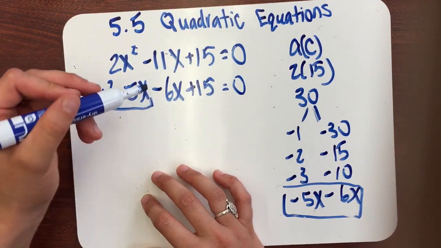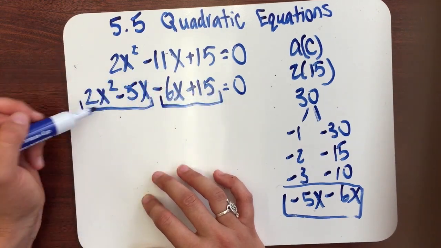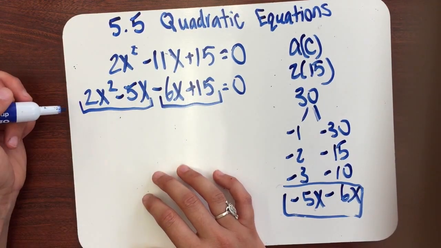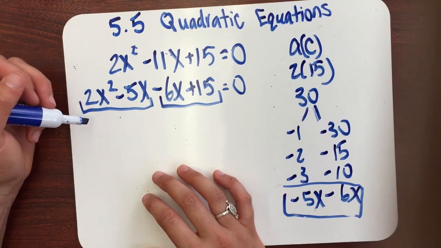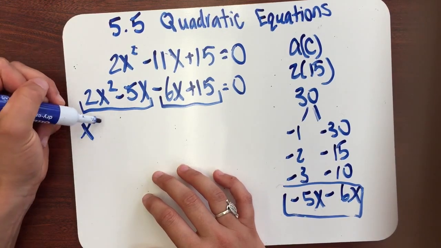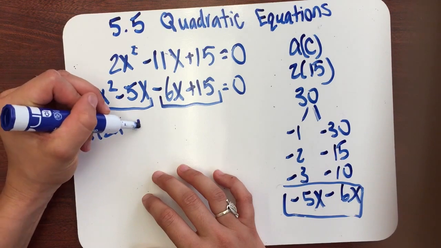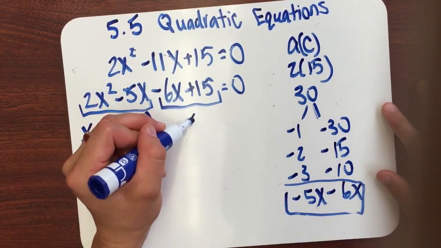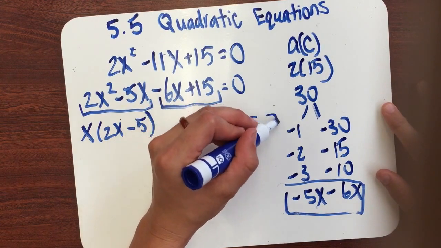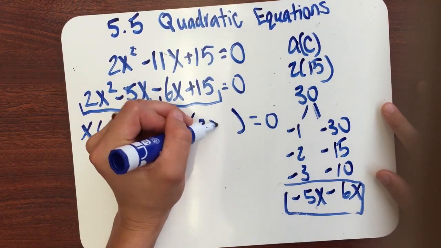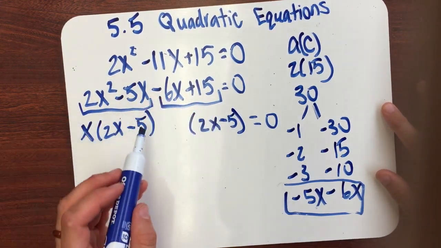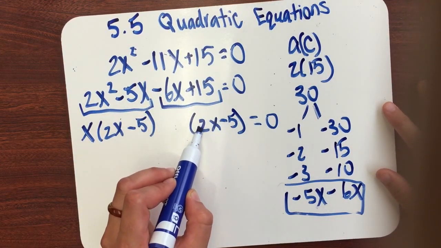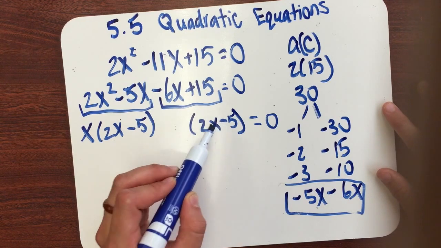And then we're going to factor out what we can from the first two terms and from the last two terms. So from the first two terms, we can take out an x, and we're left with a 2x minus 5. And then we have to have the same binomial left over, so we can rewrite it, 2x minus 5. And we say, what do we take out from these last two terms to have 2x minus 5 left over?